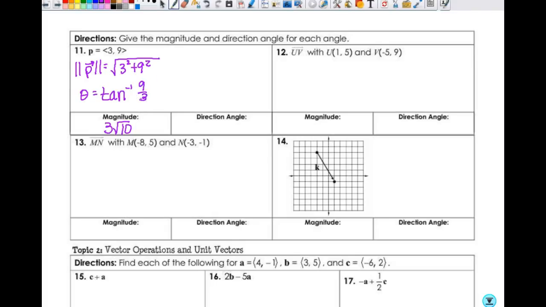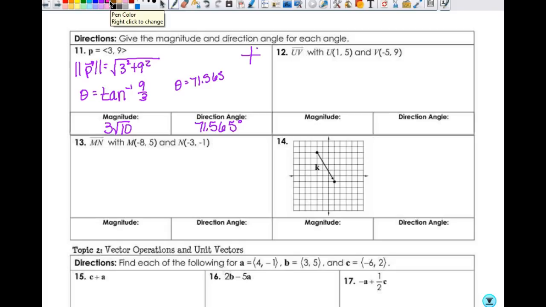So it's the tangent inverse of 3. That gives me theta of 71.565. But you have to pay attention to your quadrants. Don't be missing all these because you don't know what quadrant you're in. This would be directed towards the first quadrant. This is a first quadrant angle, so I'm good. It's 71.565 degrees.